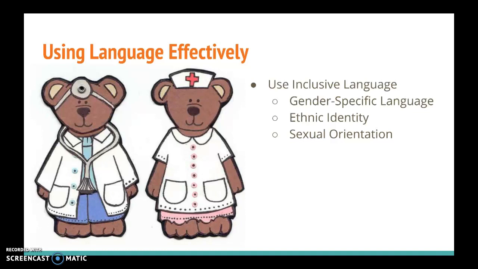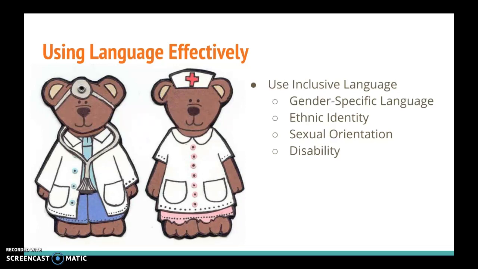And in fact, it was used to describe a psychiatric disorder up until the 1970s. And so many people who are part of that community would tell you that they much prefer to be called gay or lesbian as opposed to homosexual. So again, asking a member of that community what labels they prefer is always going to be your best bet.